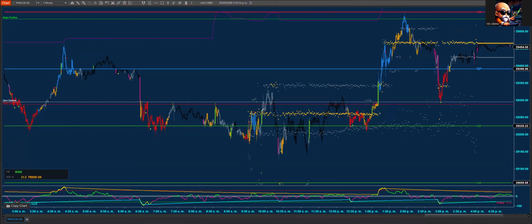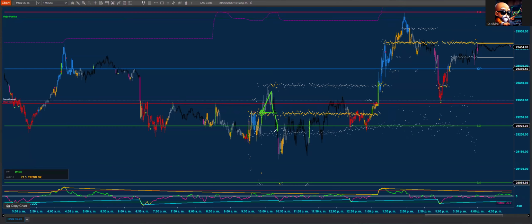What we want is for price to break this gamma spot, back, break even. So price back, and this is the gamma secondary spot.